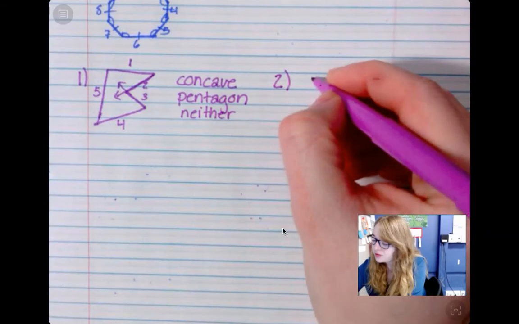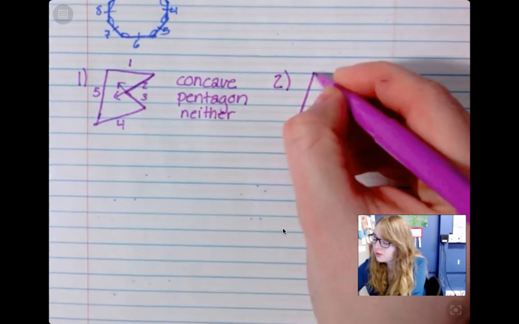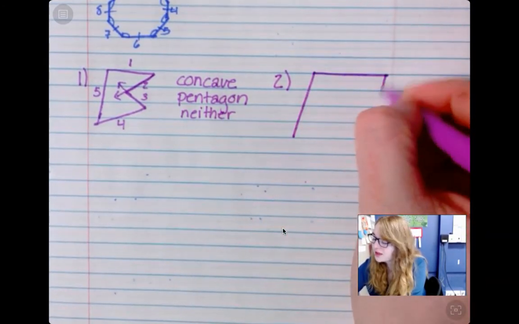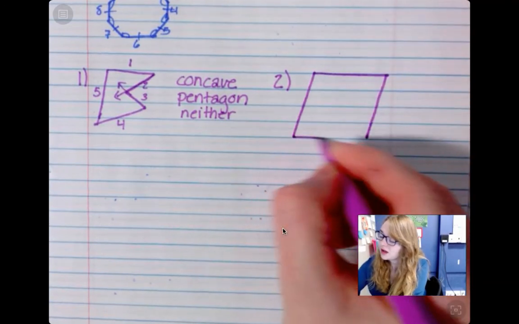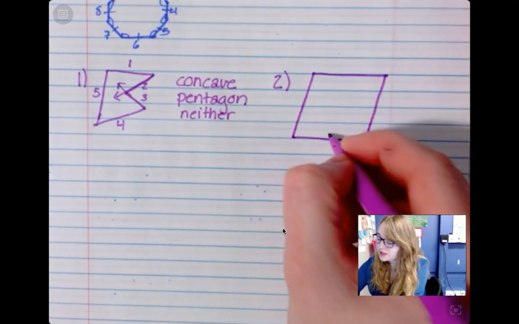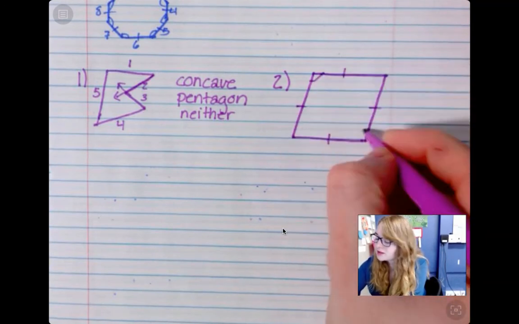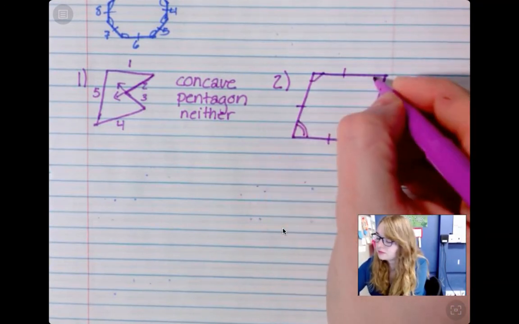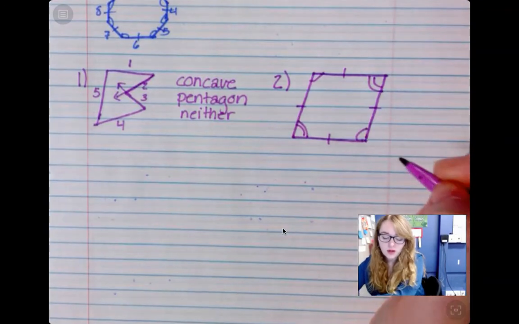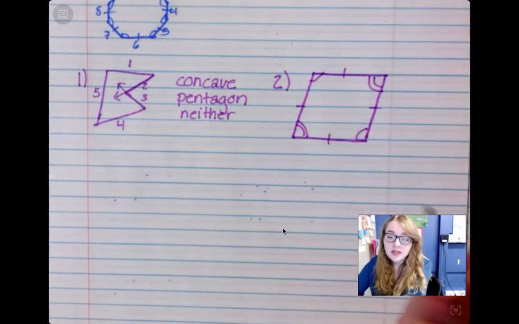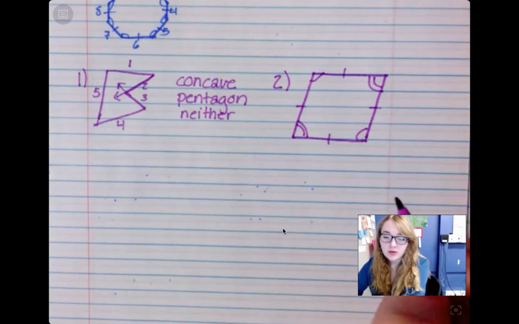For number 2, we have a polygon that looks like this. We have some tick marks and some strikes. First, is this concave or convex? Do we have any sides that go through the interior of the polygon?